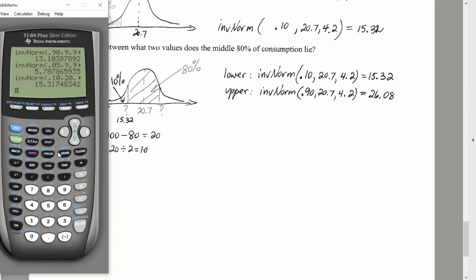So we do second distribution, inverse norm, a cumulative area of 0.10. The mean was 20.7. Standard deviation was 4.2. Go ahead and hit enter, and we would get 15.32.